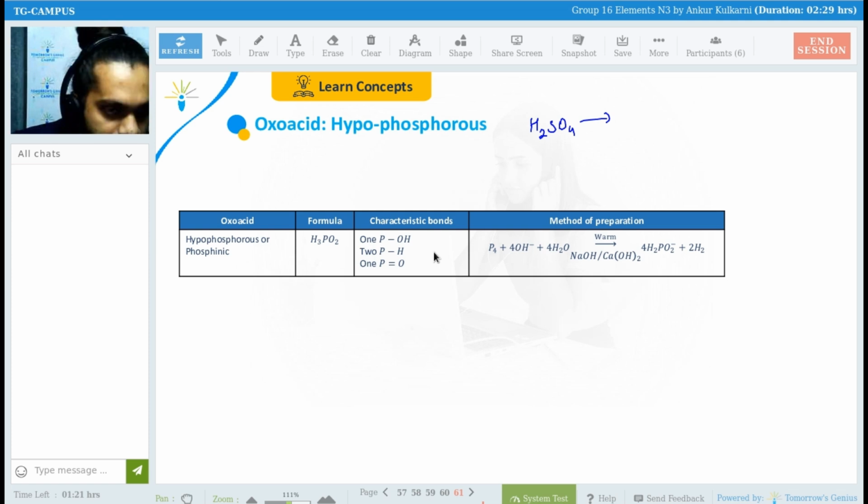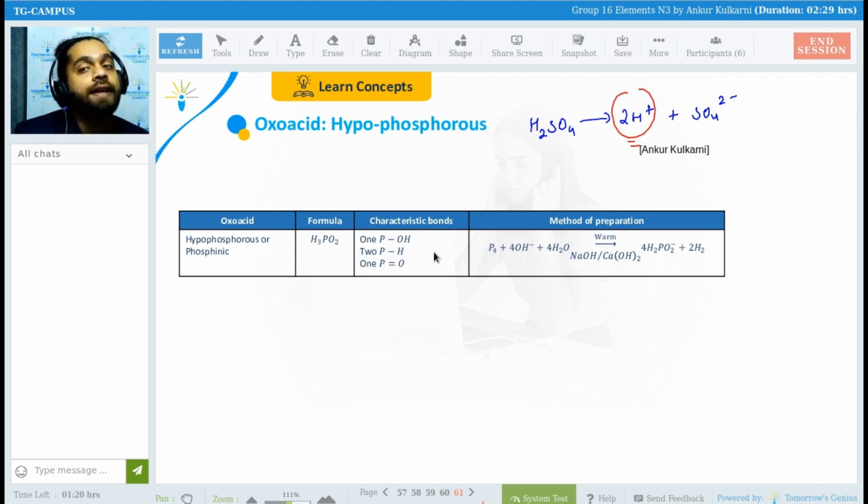If I dissociate H₂SO₄ completely, what do I get? I get 2H plus and SO4 2 minus. So we get 2 protons from H₂SO₄.